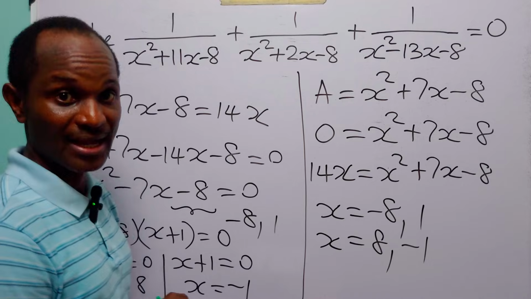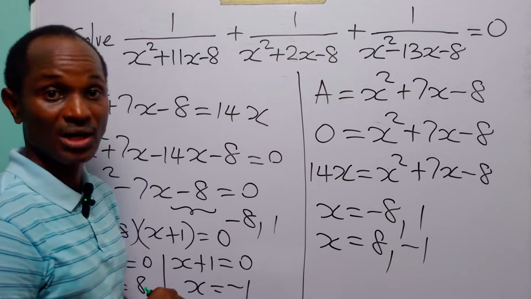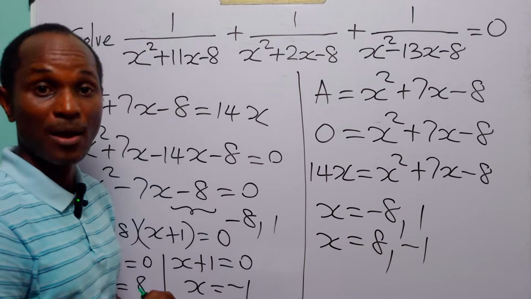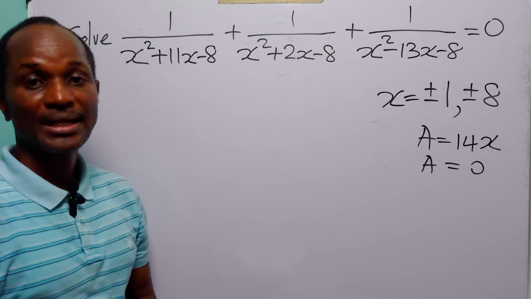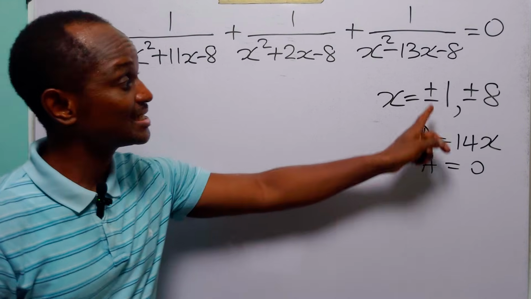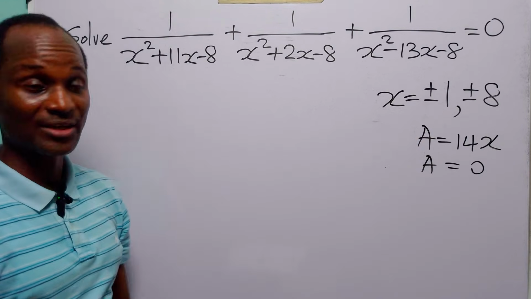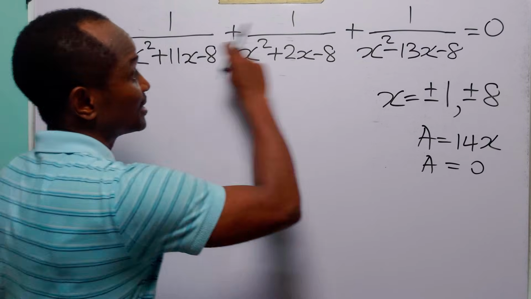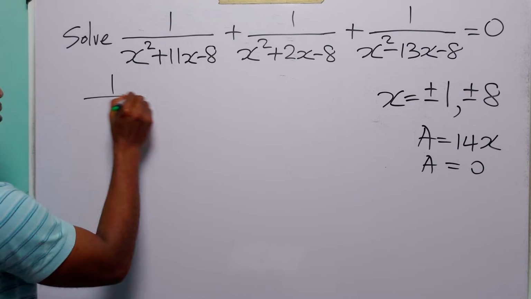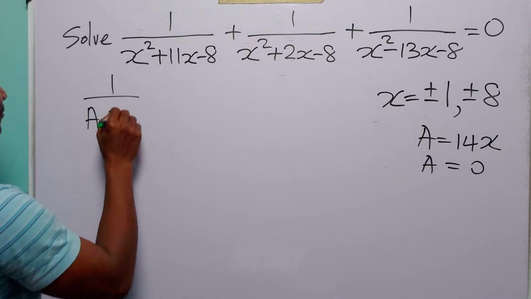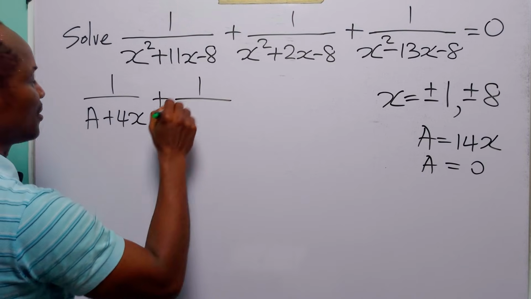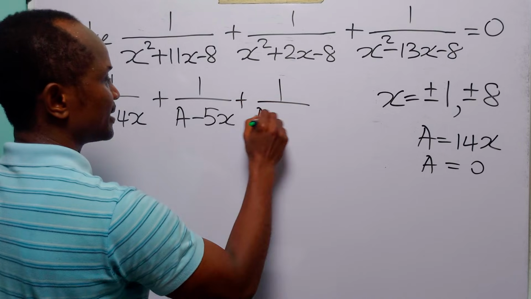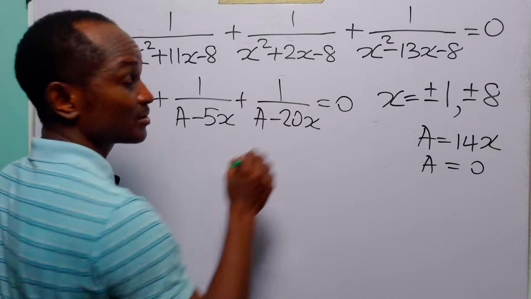So the four values of x that satisfy this rational equation are x equal to minus 8, 1, 8, and minus 1. Now, to check our answer, instead of substituting these four values of x one after the other into this long equation, let us remember that with the substitution, we turned this equation into 1 over a plus 4x plus 1 over a minus 5x plus 1 over a minus 20x is equal to 0.